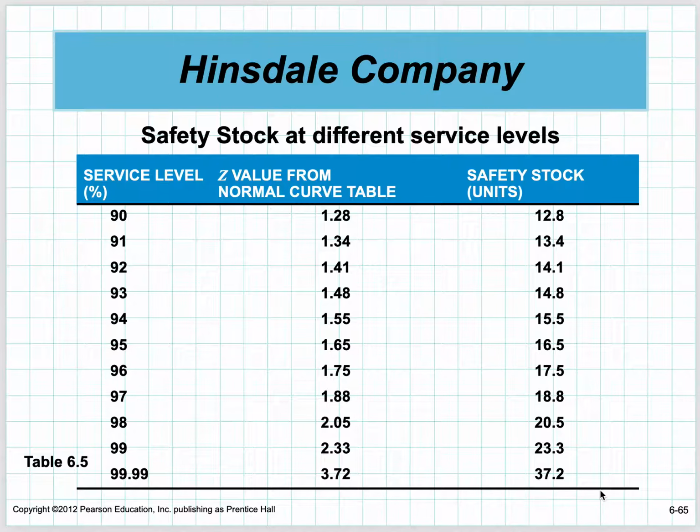So if you look at it here, the service levels, if you want to get to 99.99%, your Z factor goes up to 3.72. And here's a useful table if you're going to do this by hand. You specify the service level and it gives you the multiplier. So for 95, the Z factor is 1.65. At 99 it is 2.33.